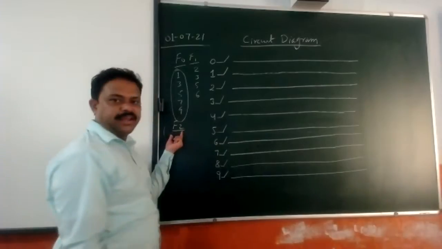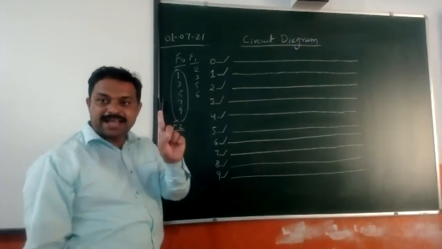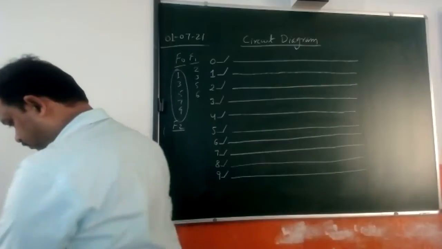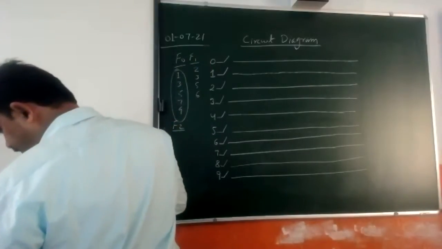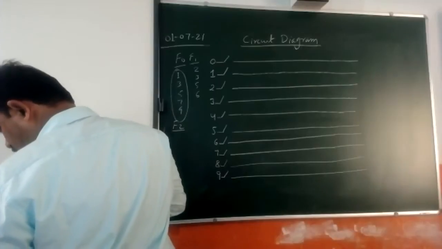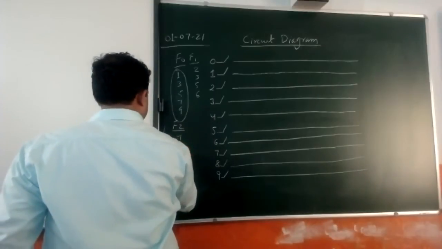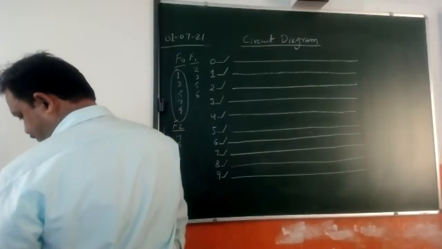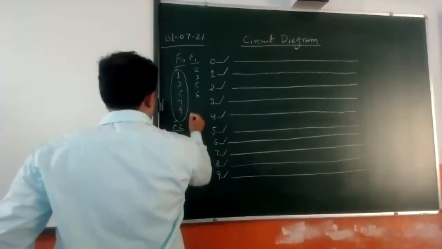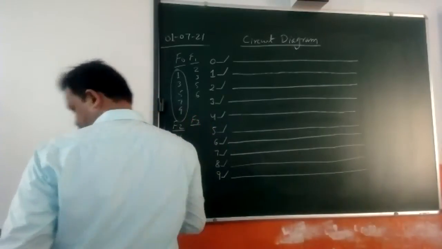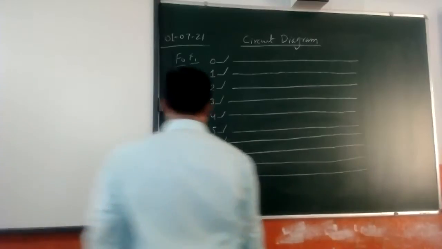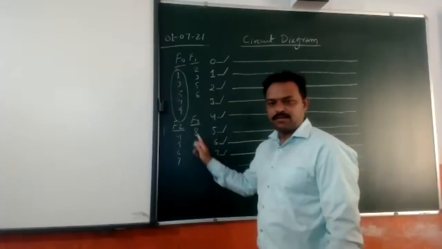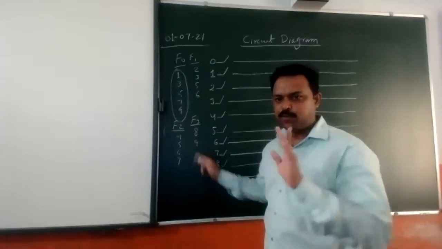In F2 column, where we have 1 as the output: 4, 5, 6, 7. And in F3, we have 8 and 9, where we have 1 as the output.